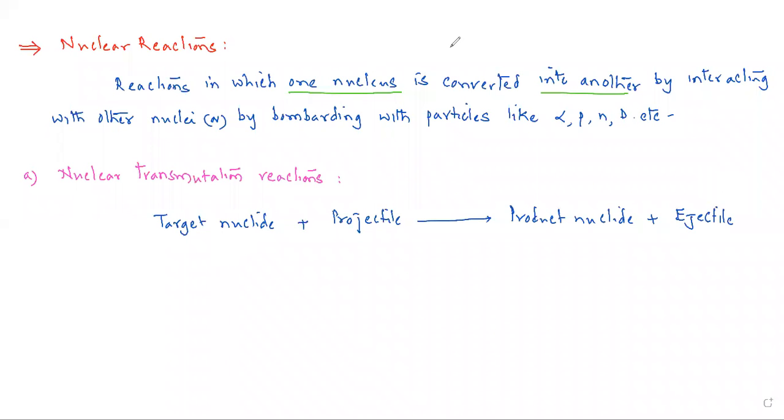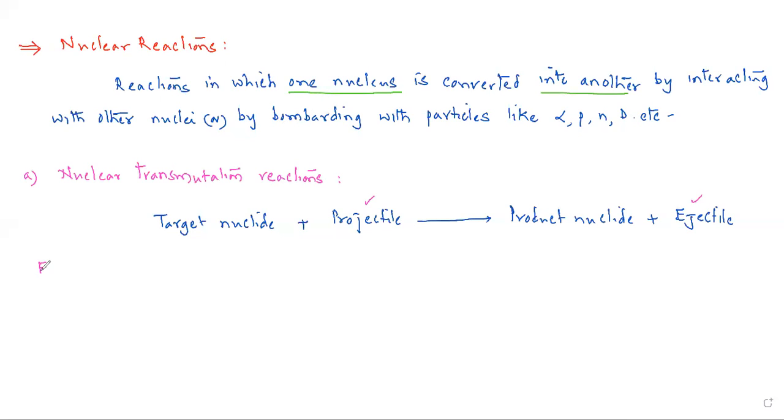Target nuclide is the one that is bombarded with a particle. Projectile is the particle used to bombard a target nuclide. Product nuclide is the one that is formed as a result of bombardment of projectile on the target nuclide. And in this process, a particle is generally emitted and it is called ejectile.